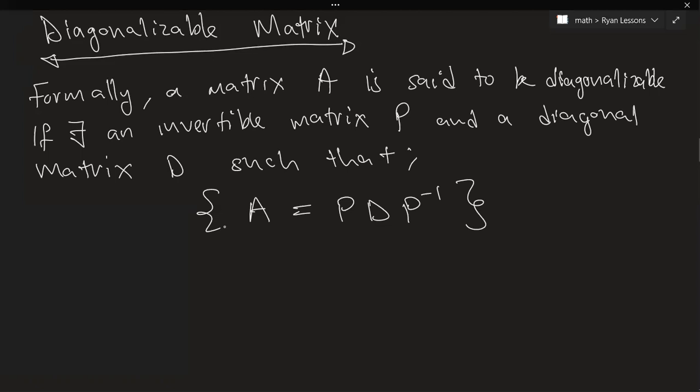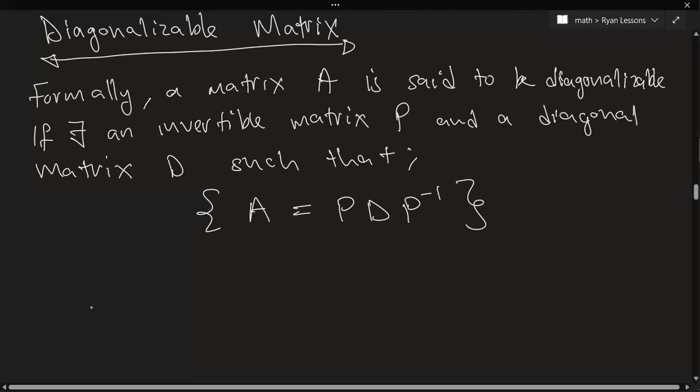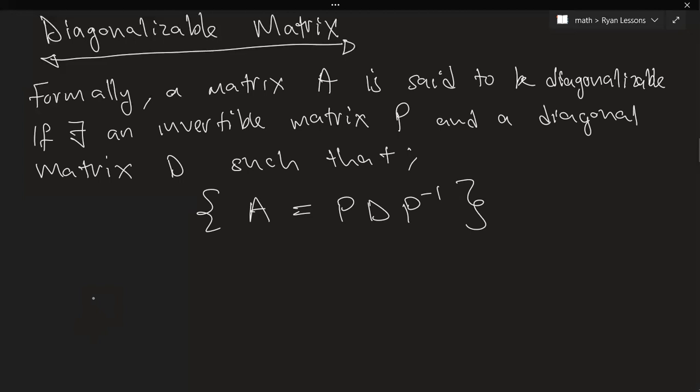But it's actually hard to classify matrices if this is the only idea that you have about diagonalizability, because how can you go about finding these P's and D's? So we have other ways of checking if a matrix is diagonalizable or not, without the use of this definition.